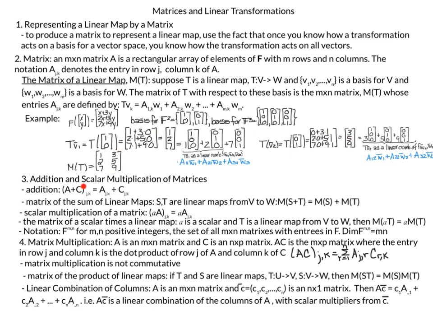We talked about the sum of two matrices. The two matrices need to be the same size, and the sum is just the sum of the corresponding entries, so that we could then define the matrix of the sum of linear maps. If S and T are linear maps from V to W, then the matrix to represent S plus T is the matrix of S plus the matrix of T. We defined a scalar times a matrix A, which just multiplies each element of A by this scalar.